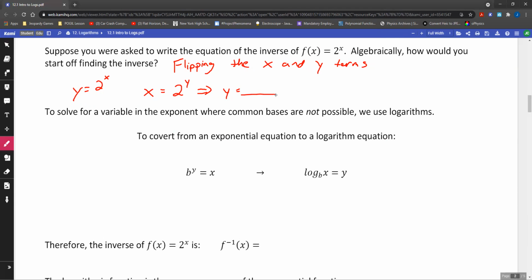So using my equation, where originally I had y equals 2 to the x, my inverse would be x equals 2 to the y. My base is 2, so it's still going to be 2. Log base 2 of x equals y. Down here, that's what I would write. Log base 2 of x is my inverse function.